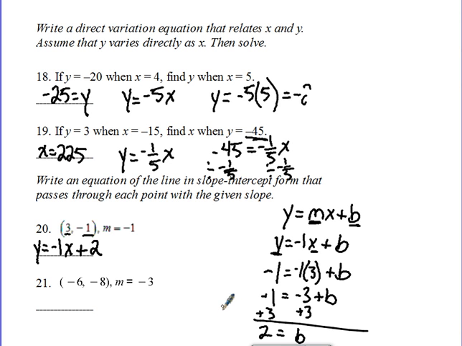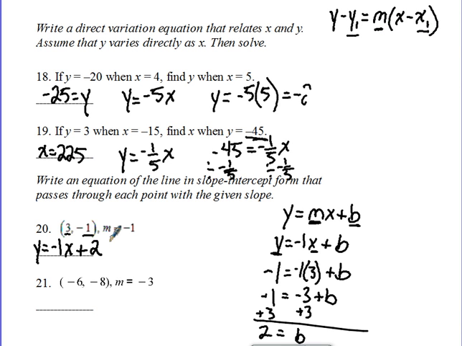The other method for solving is putting it into point-slope form first, then solving for y to get it into slope-intercept form. So point-slope form, if you will recall, is y minus y1 equals m times the difference of x minus x1. And here we have a point, x1, y1, and a slope, and that's all we need to get our equation.